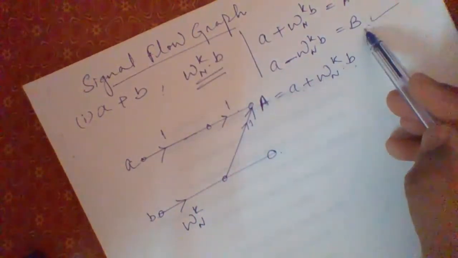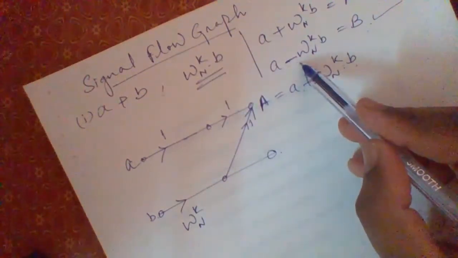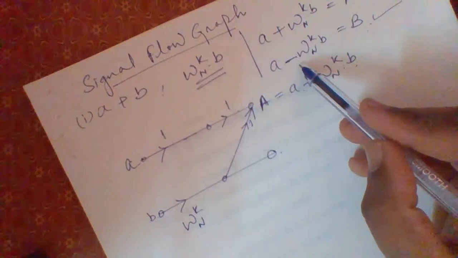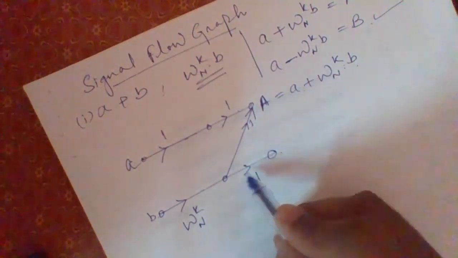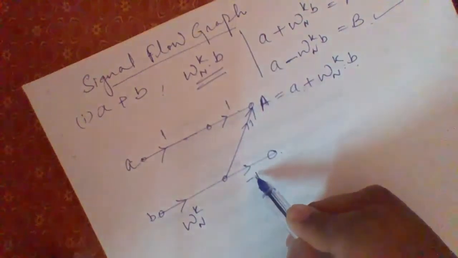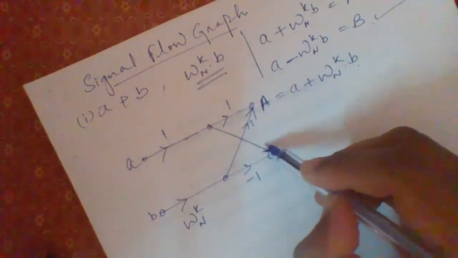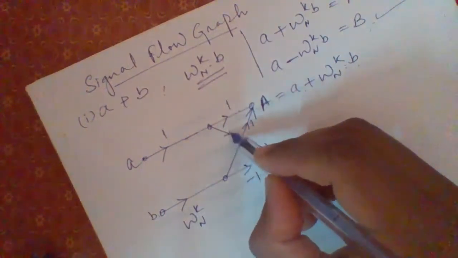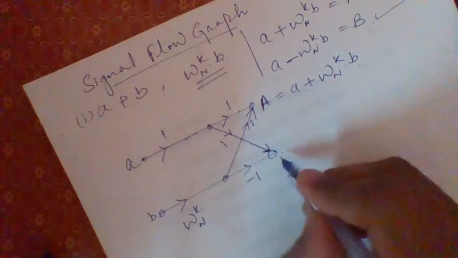Similarly, to get B, the only thing is the sign of this product has to be changed. So that is done here. Now in this branch the branch gain is minus 1 and I will connect the branch like this. And here this branch gain is 1. So again calculate: what is B here?